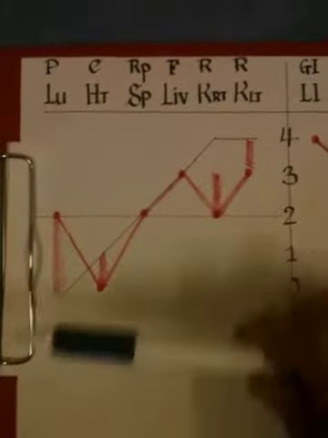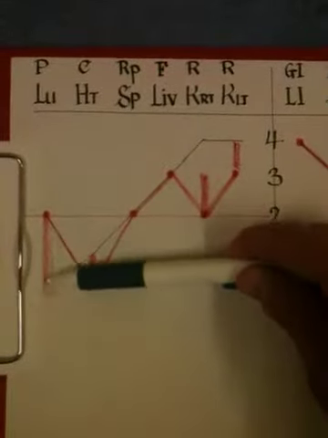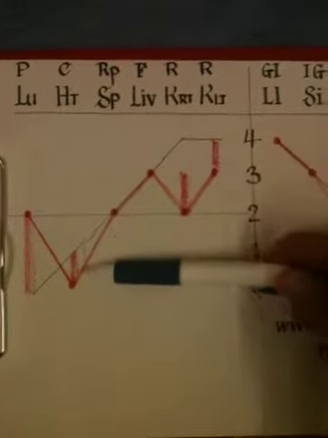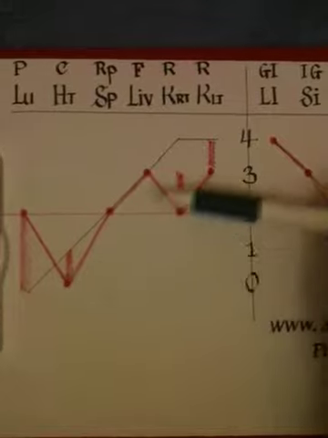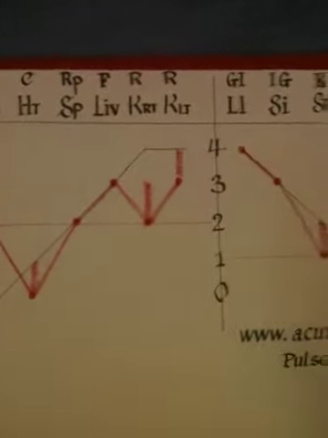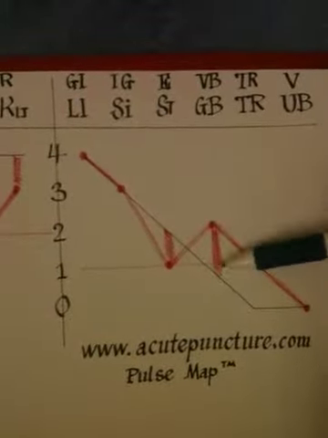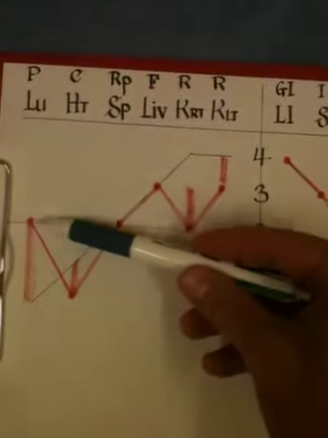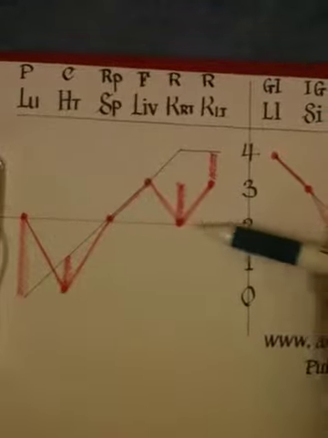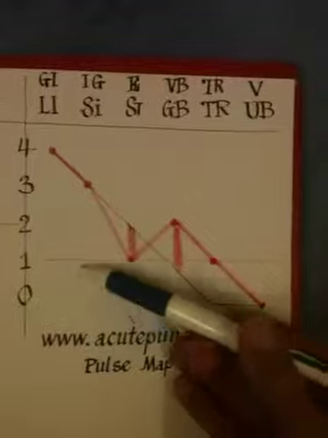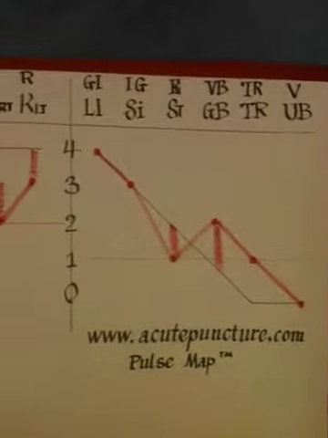It tells us that there is some pathological qi penetrating the lung, some deficiency in the heart, in the right kidney, and in the left kidney, deficiency in the stomach area, and excess in the gallbladder area. And we can find stagnation in the pancreas and stagnation in the gallbladder.